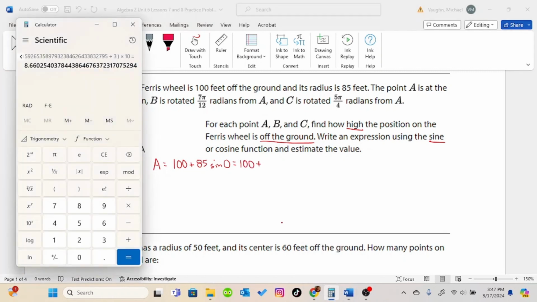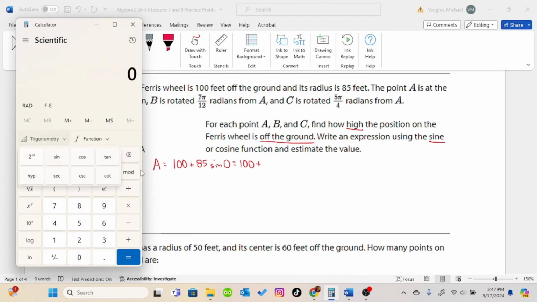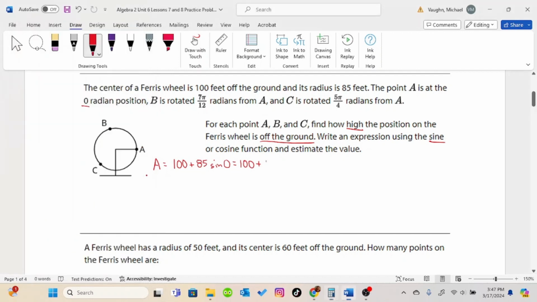In a calculator, we would take the sine of 0 and multiply that by 85, which is 0. And 100 plus 0 is 0.